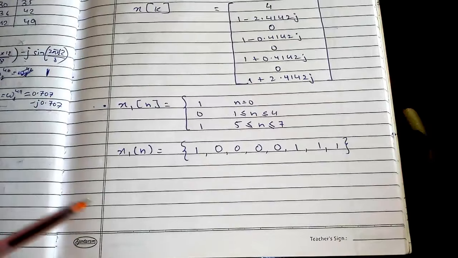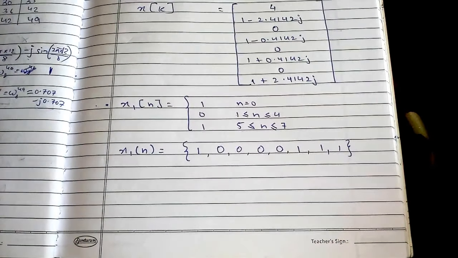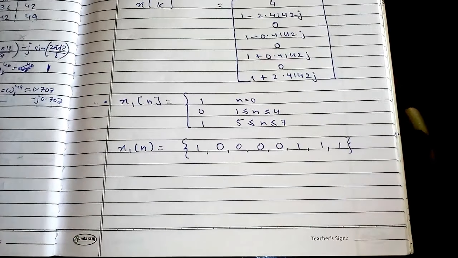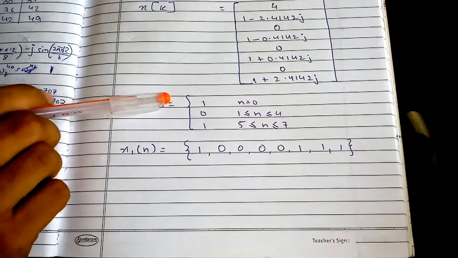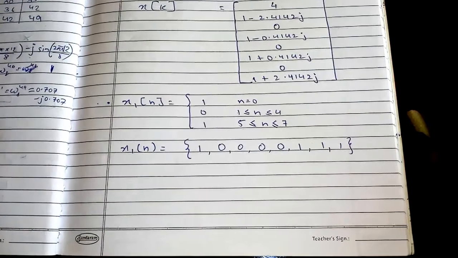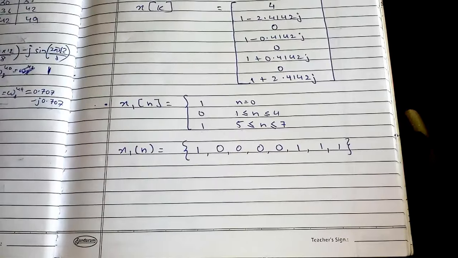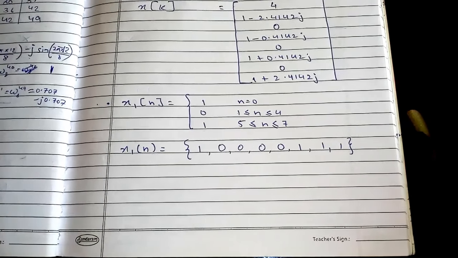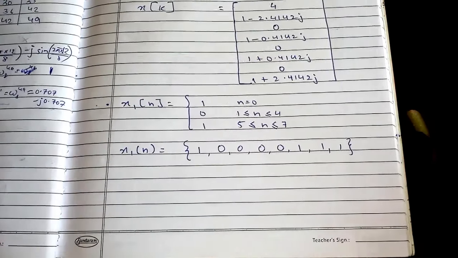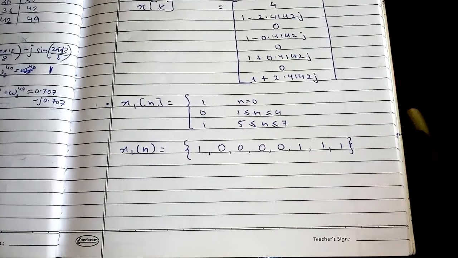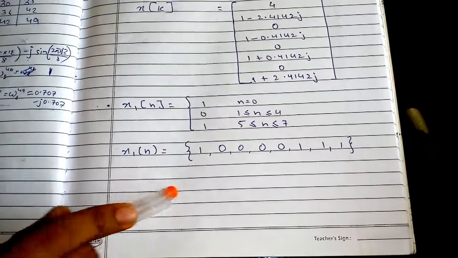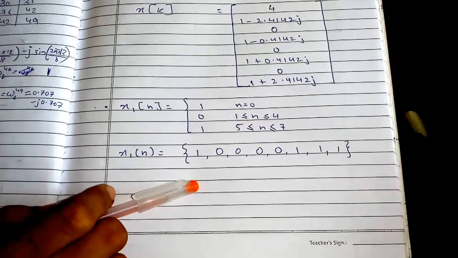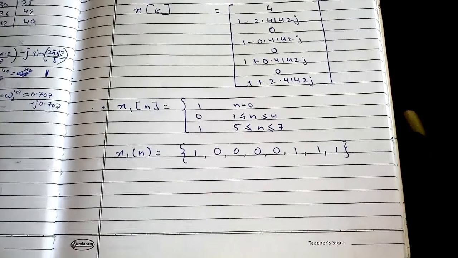You have to find the DFT of this, but by using the results you obtained previously. No new results are to be used. You have to use the results that you obtained previously and then find the sequence, then find the answer. Suppose it was not told this, you could have easily written down the matrix, multiplied it by x1 of n, and you must have got the answer.